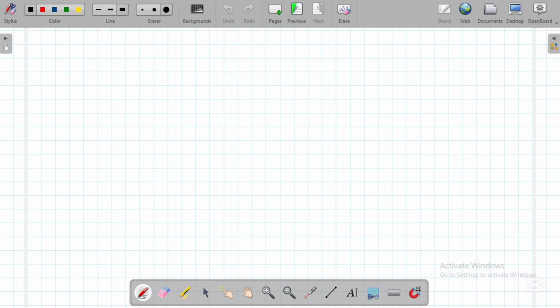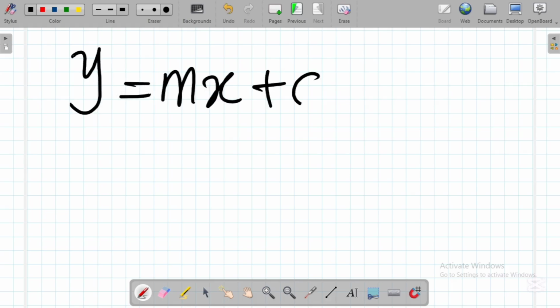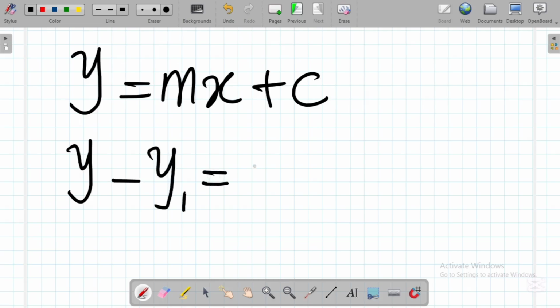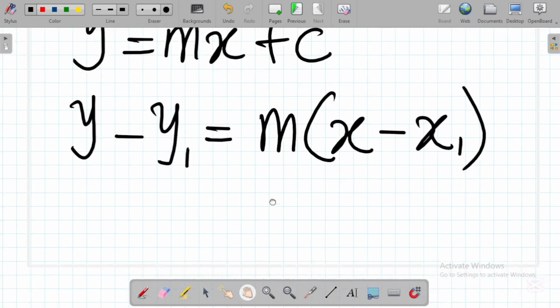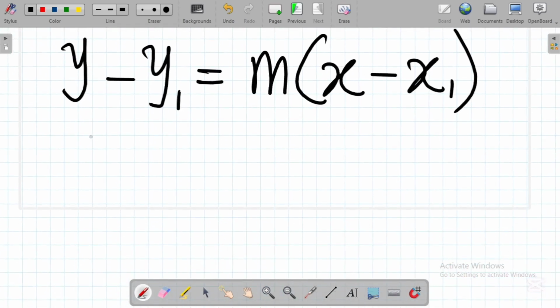Our next task is to get the equation of the tangent. Recall, y is equal to mx plus c. You can simplify further by writing y minus y1 is equal to m open bracket x minus x1 close bracket. So now let's substitute into the equation.